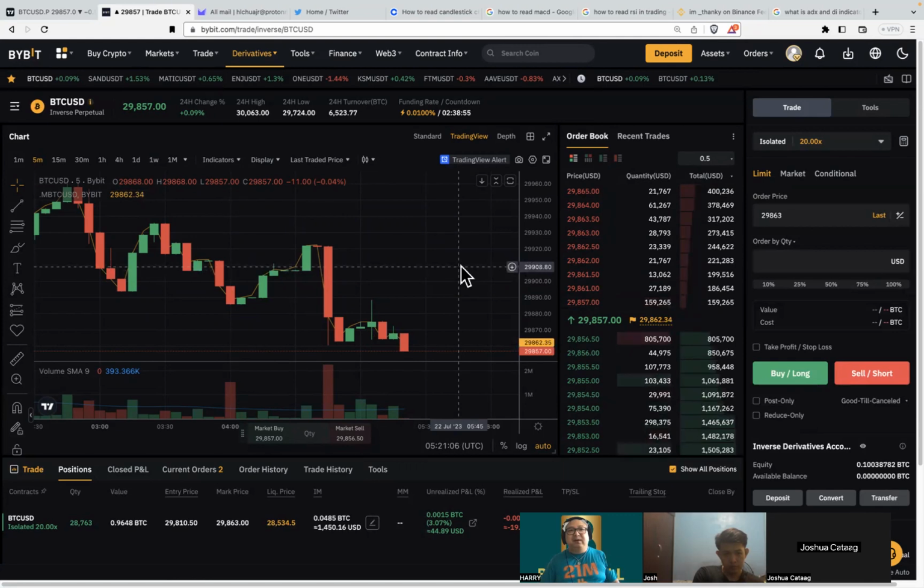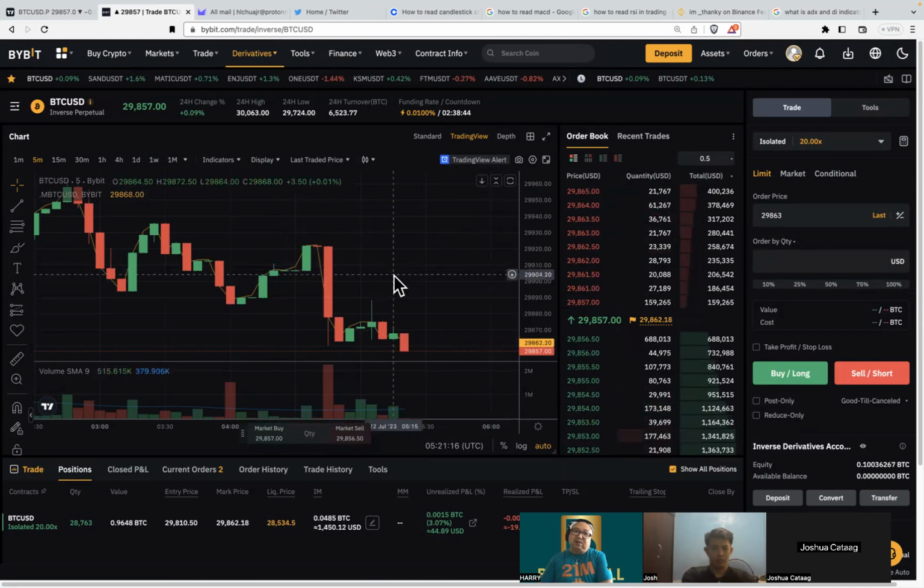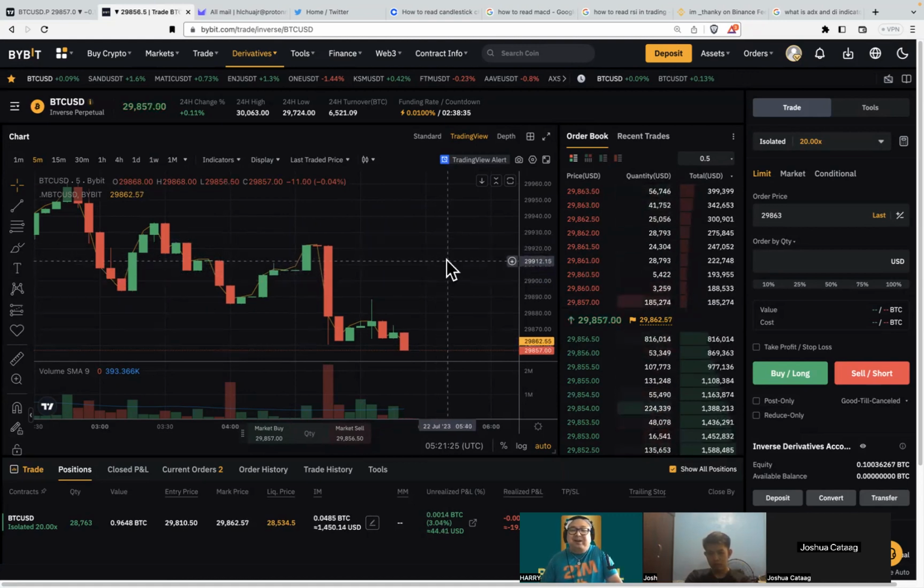During bear market, consider shorting. You want the price to go down during bear market. Pero me as a Bitcoin maximalist, I won't do that. So kaya we'll trade during a bull market.